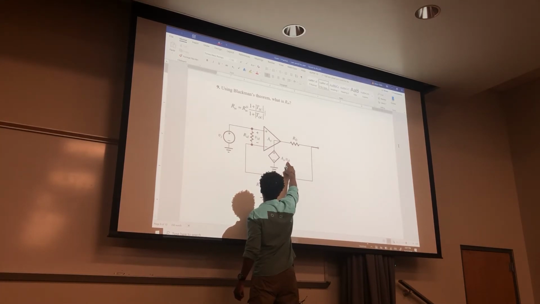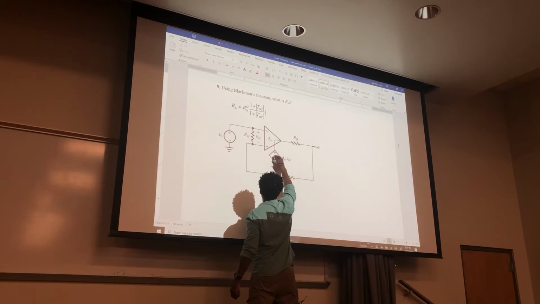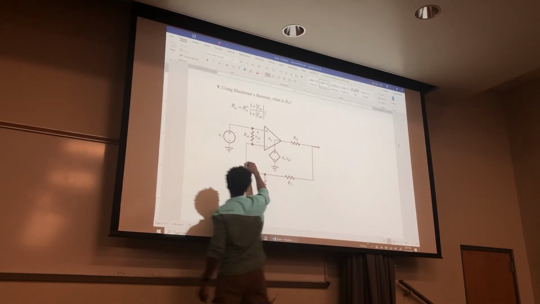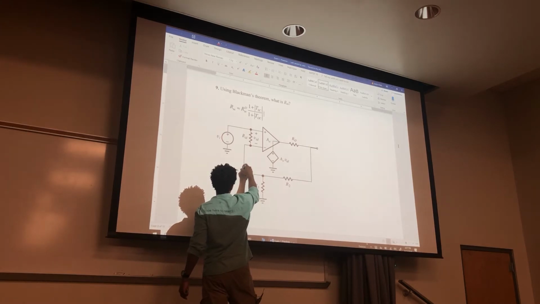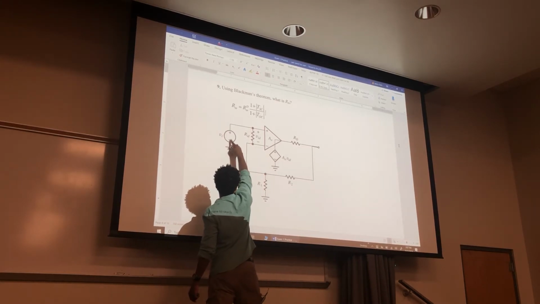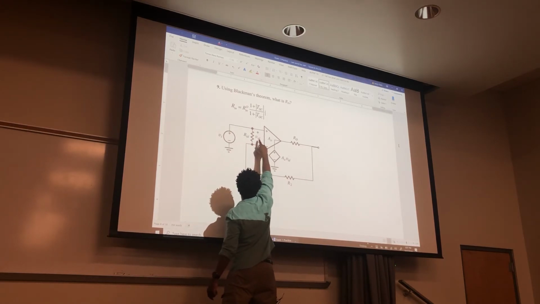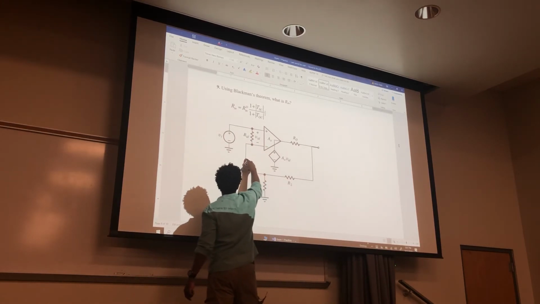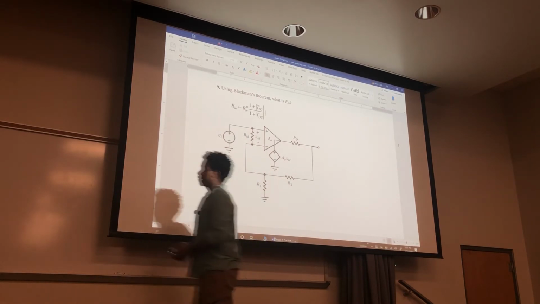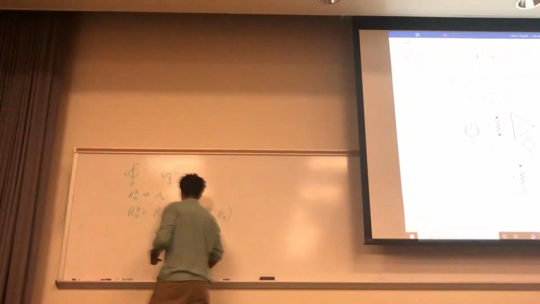VID is the input, and it goes through this piece, all these other pieces, and the output is the voltage right here. Well, the voltage right here is not 0. It is short-circuited, but it's negative VID. That's the output.